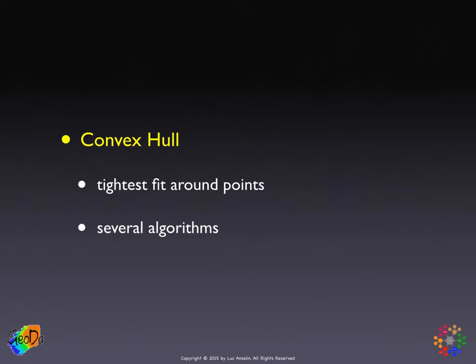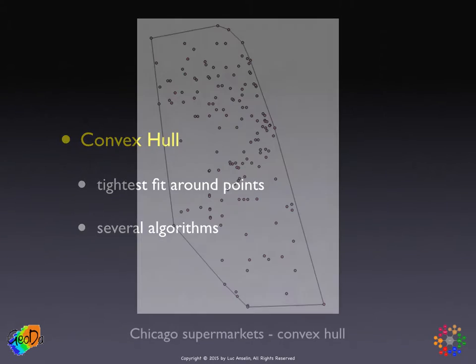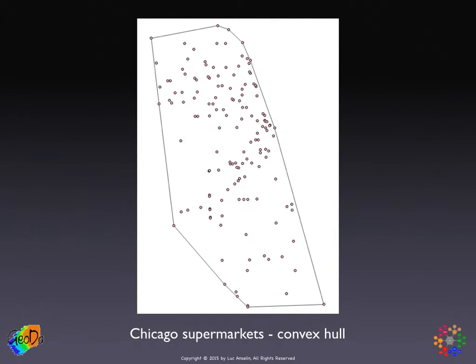If you think of the points as little pegs sticking out, then if you take a rubber band and fit it around the little pegs, the convex hull is the tightest fit. There are several ways of doing this mathematically, but basically it looks something like this, where you see that the polygon connects all the outermost points of the point pattern. And so then again, the average intensity in this case would be the ratio of 149 by the area in the convex hull.